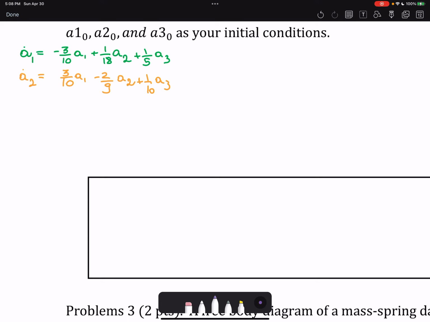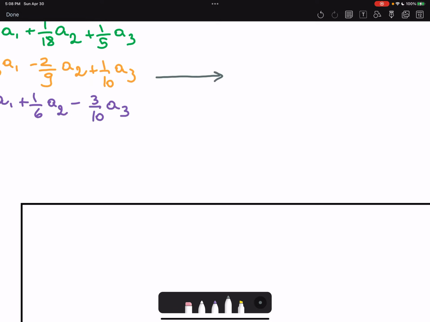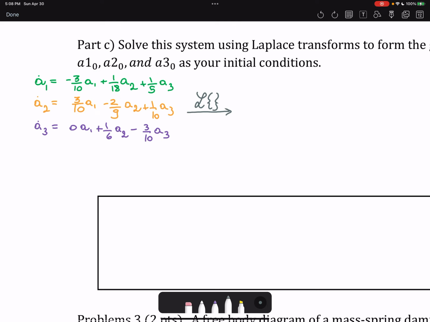And then we have one last one right here. A dot 3 is equal to 0 a sub 1 plus 1/6 a sub 2 minus 3/10 a sub 3. Well, now that we have this, we're going to input this into the Laplace, and they give us the conditions here.